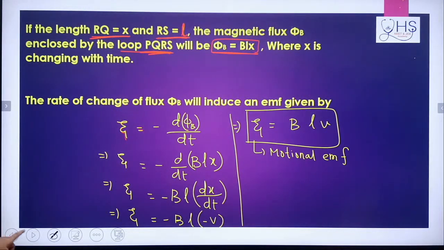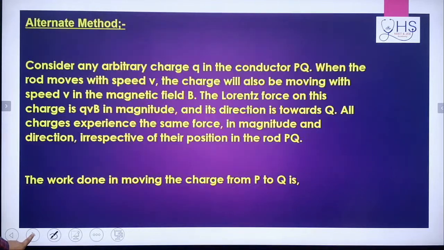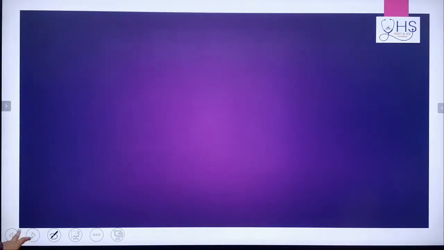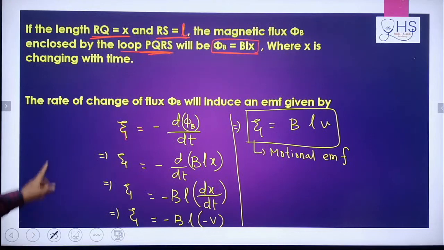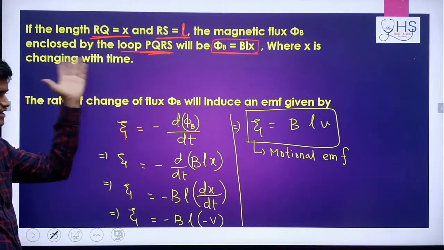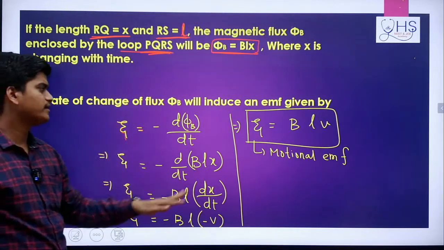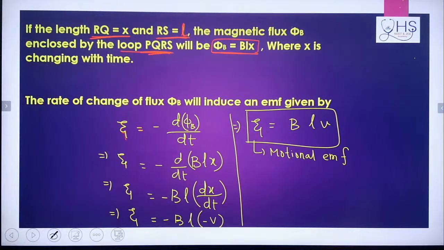I hope you understand. Now next, listen here. The same derivation of BLV we can find by an alternative method also. That one I will tell you later. Now keep motional EMF in mind.